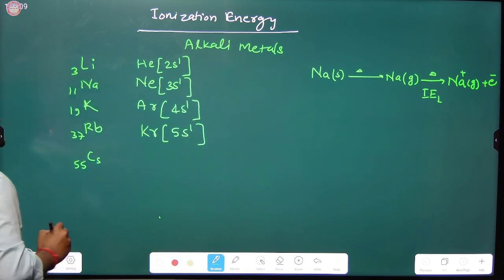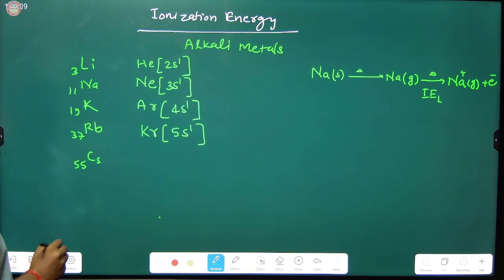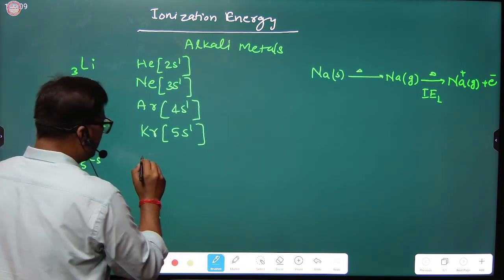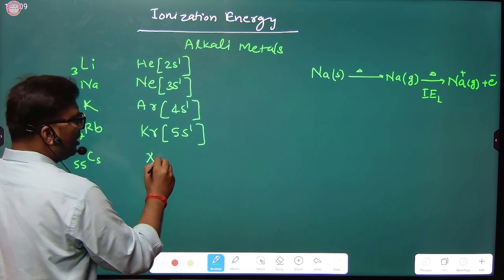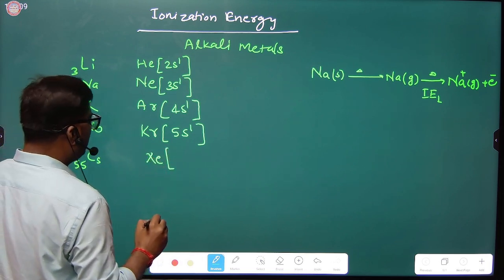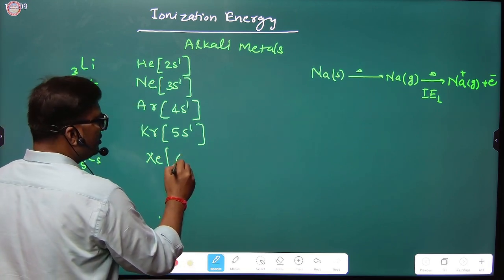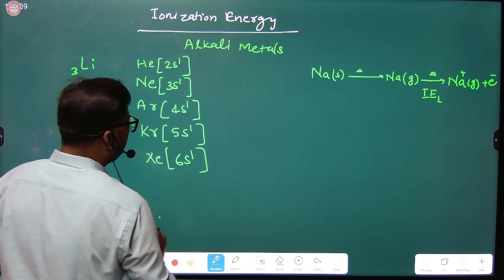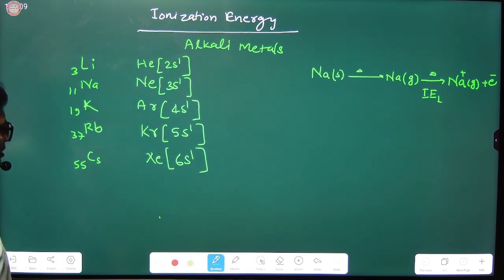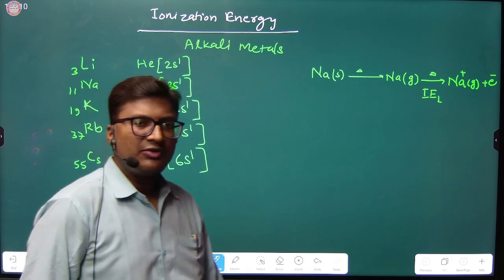For cesium, it is xenon and the outermost configuration is 6s1. For francium, the outermost configuration is 7s1, but due to its radioactive nature we are not going to discuss francium here.